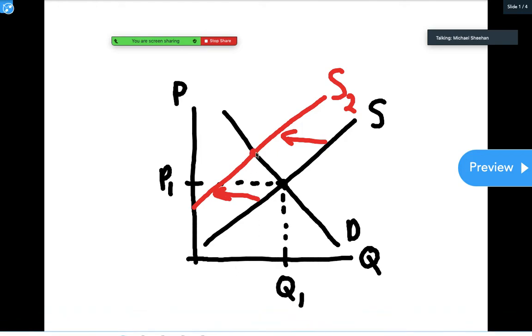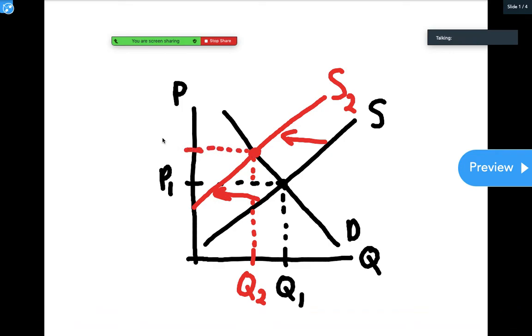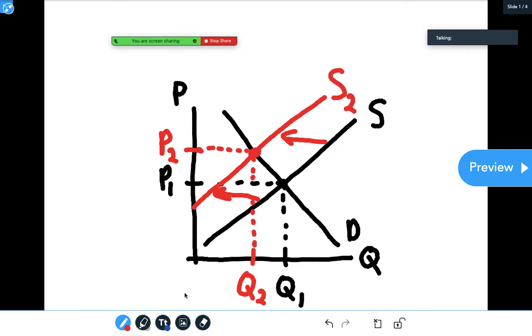Now you're going to find the new intersection point, and here's the new equilibrium quantity, and here's the new equilibrium price. So if dairy farmers' cows are affected by a drought, the price of chocolate ice cream is going to go up in the market, and the quantity of chocolate ice cream is going to go down.